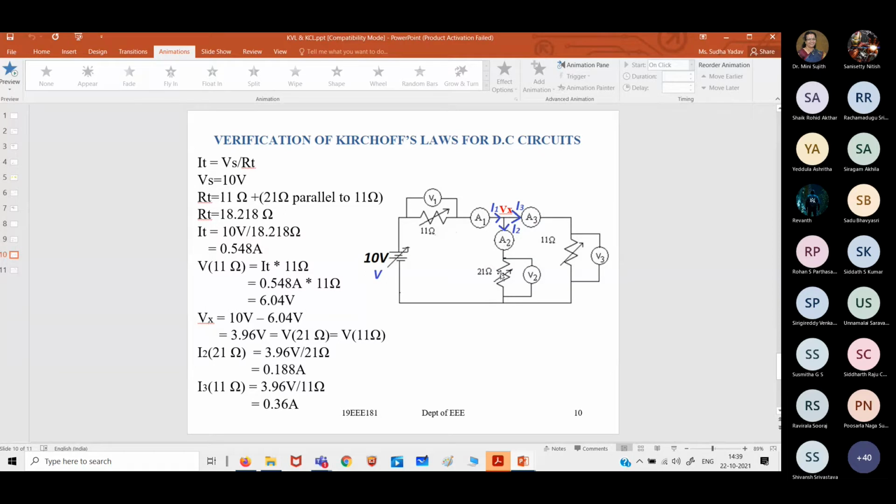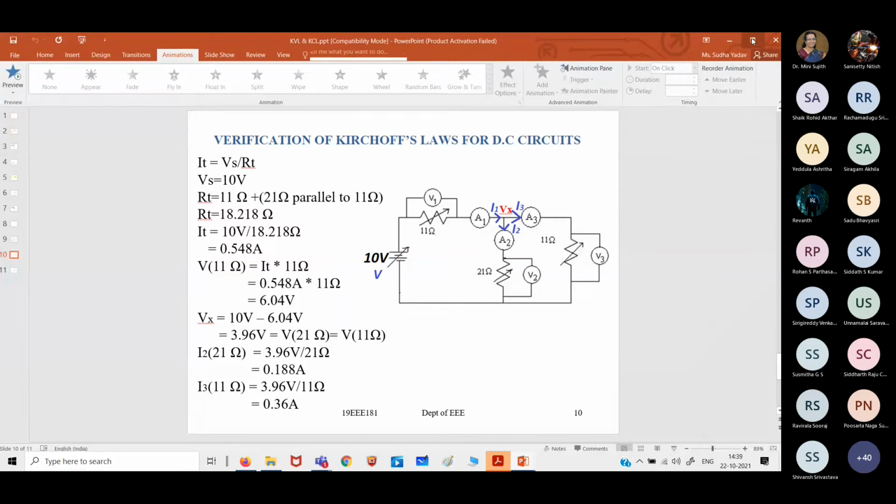My A2, which is this current in 21 ohms, will read 0.188, because through the calculations I have got 3.96 voltage divided by 21 is the current through 21. 3.98 divided by 11 is the current through 11.